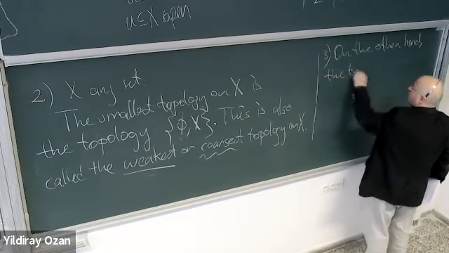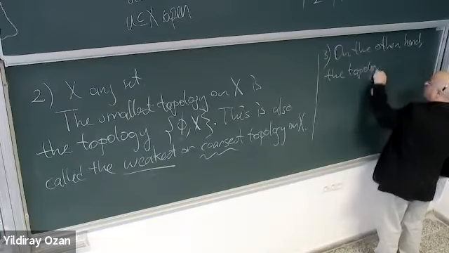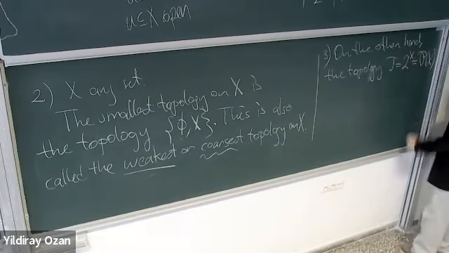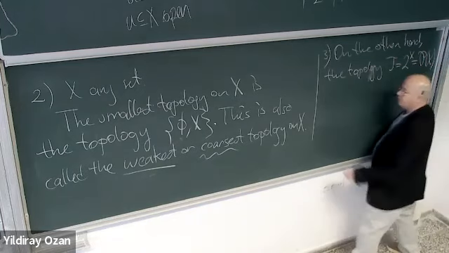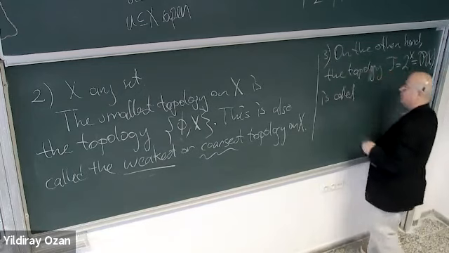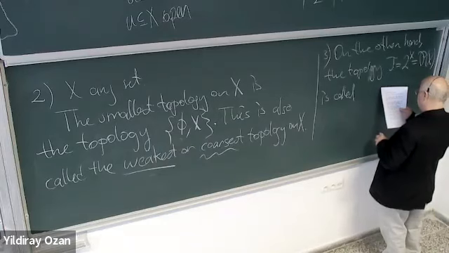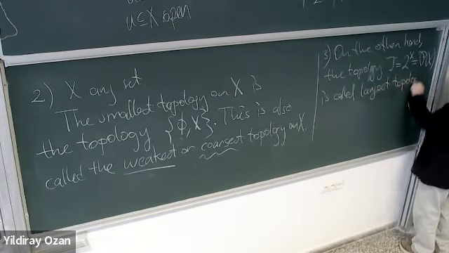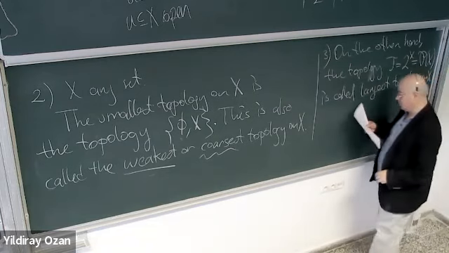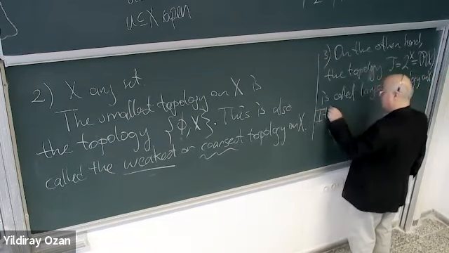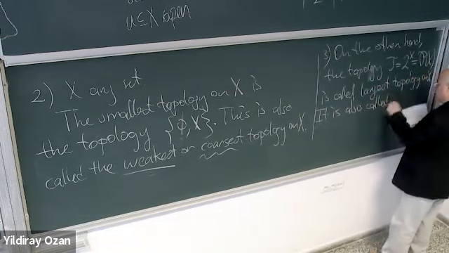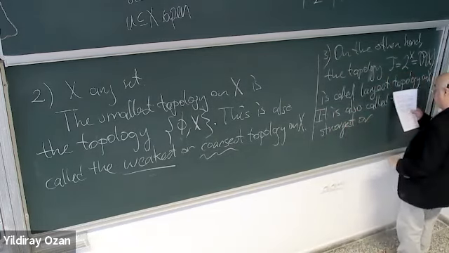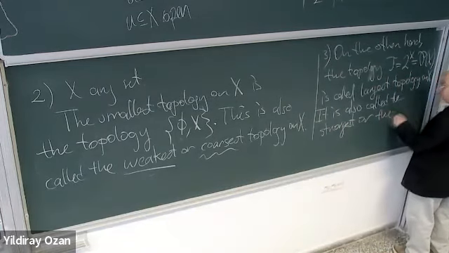The topology tau, which is 2 to the power X or P(X), the set of all subsets, is the largest topology on X. It's also called the strongest or the finest topology.